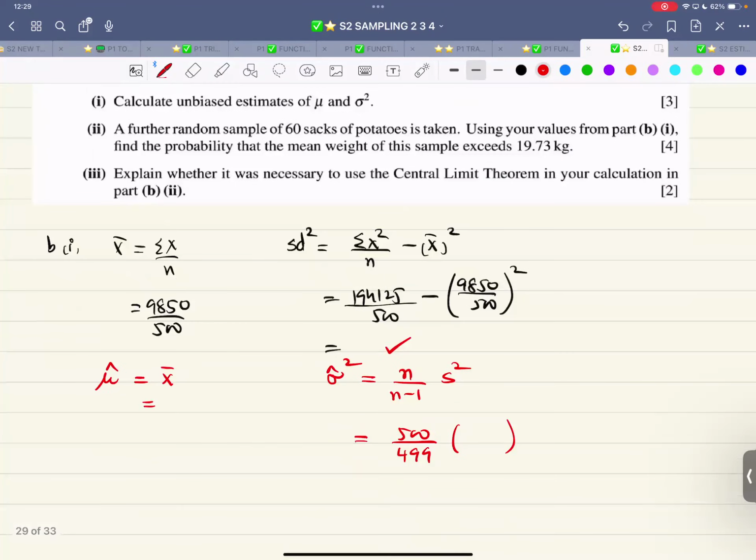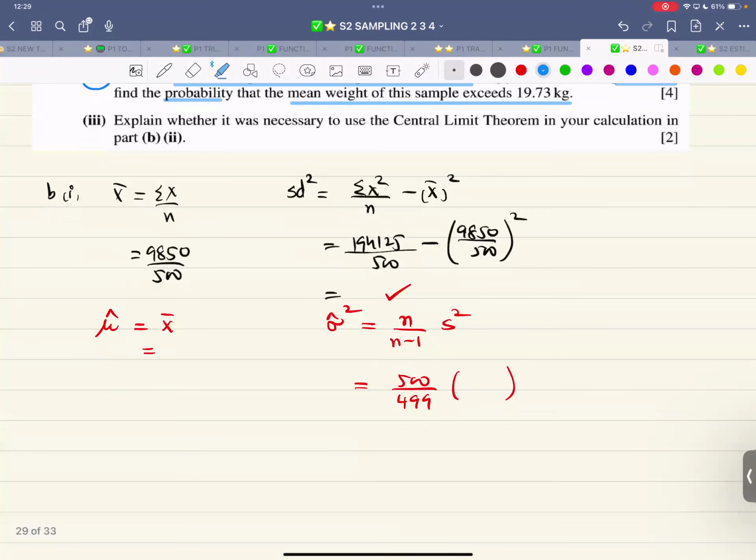Second part, that is sampling. So it's a combination of estimation and sampling. The second part says a further random sample of 600 sacks of potatoes is taken. And then it says, using your values from part B, part 1, find the probability that the mean weight of the sample exceeds 19.73 kg.